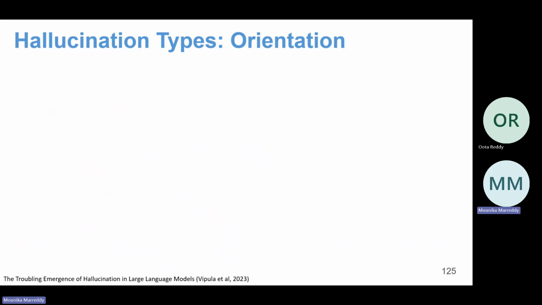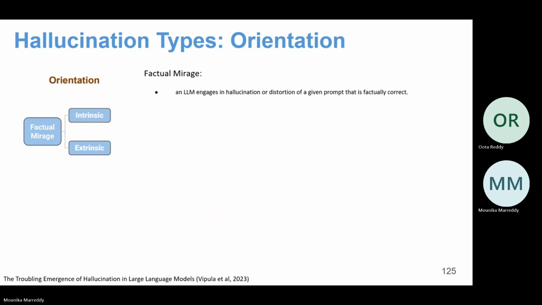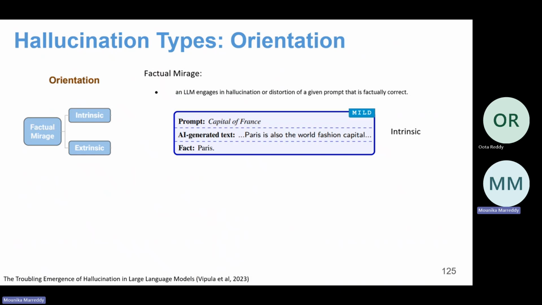Let's see all these types with the help of an example. So what is factual mirage? Factual mirage occurs when an LLM engages in hallucination of a given input that is factually correct. So this is an example of intrinsic hallucination.